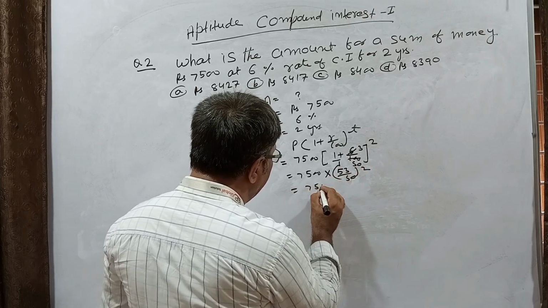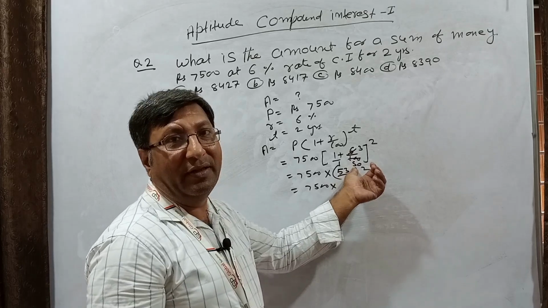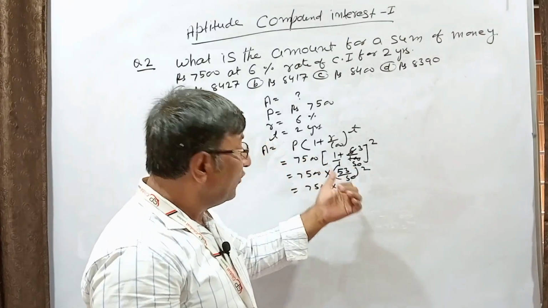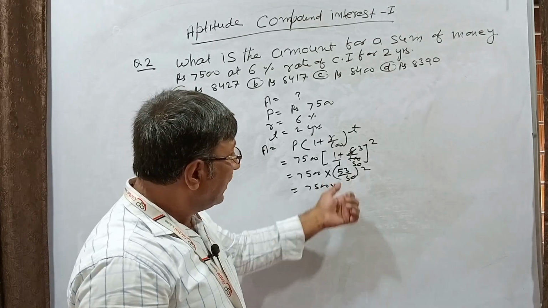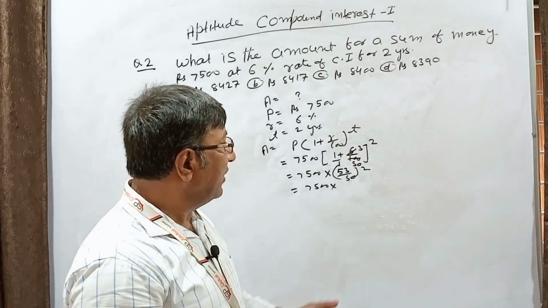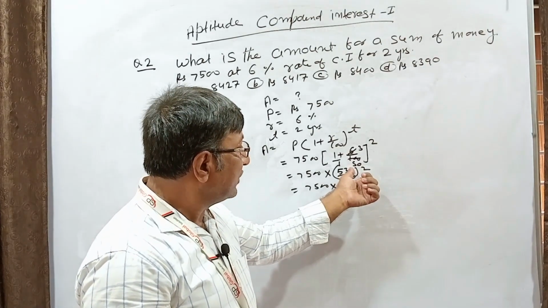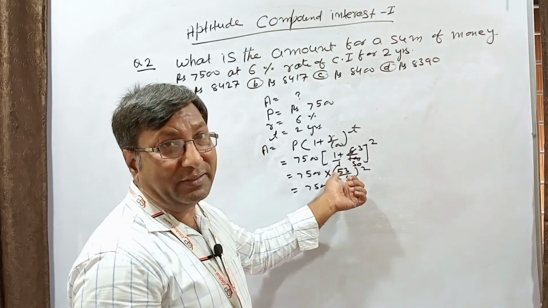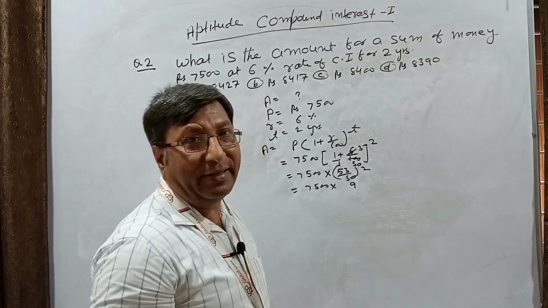Now we want the square of 53. We have already told you the technique for finding the square of any number. So here for 53, we are using the master technique formula for squaring. 3 is one digit and 5 is the other digit. First, 3 square is 9.